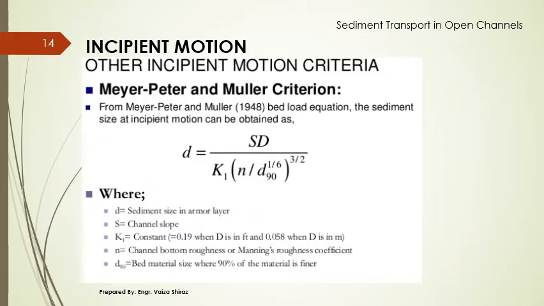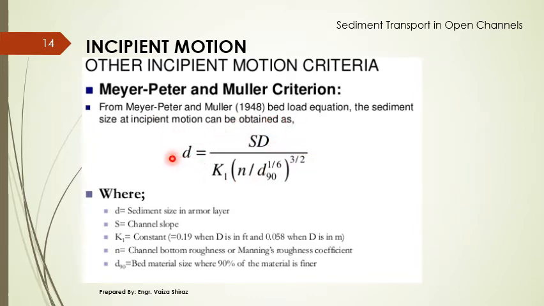And lastly, we have some other incipient motion criteria, and the first one is the Meyer-Peter and Mueller criteria. From the Meyer-Peter and Mueller bed load equation, which will be further discussed in the next slides, the sediment size at the incipient motion can be obtained by this equation.